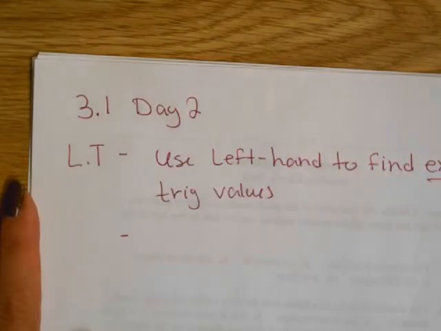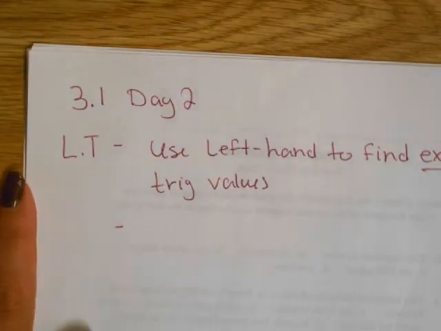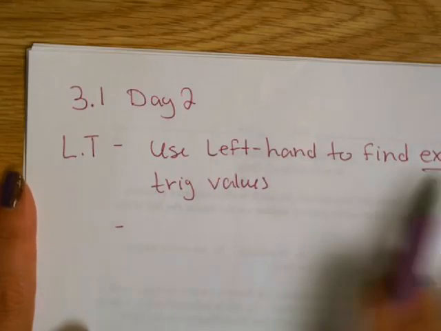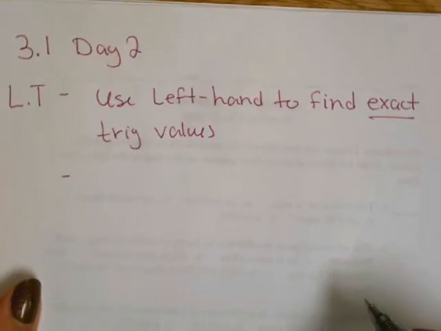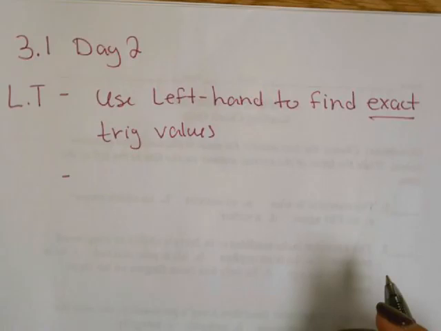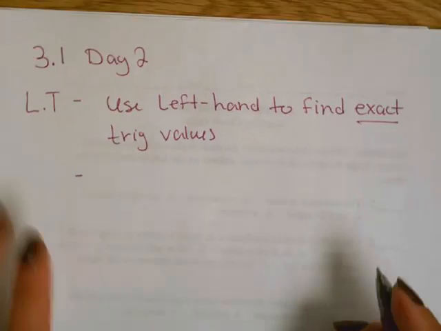And then after that, you're going to use your left hand to complete the unit circle. Use left hand to find exact trig values. And then after we do that, you are going to use your left hand to complete the unit circle.